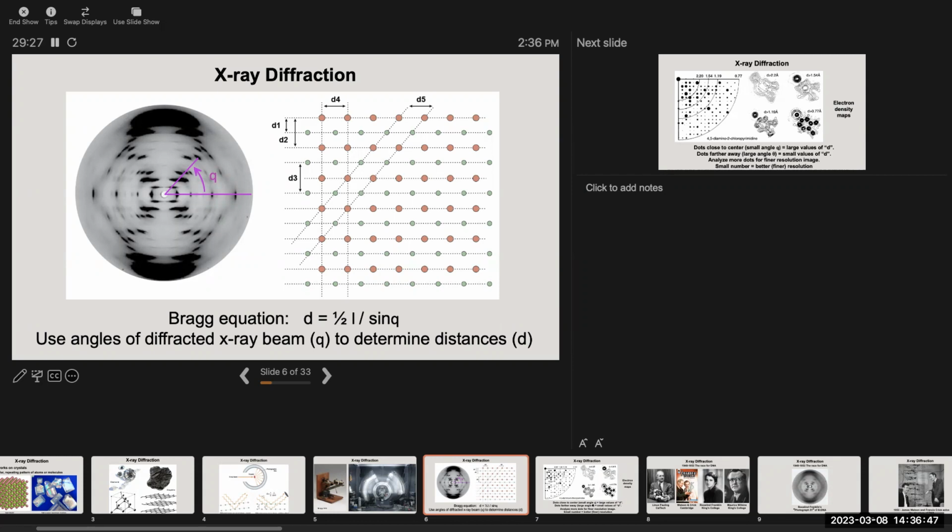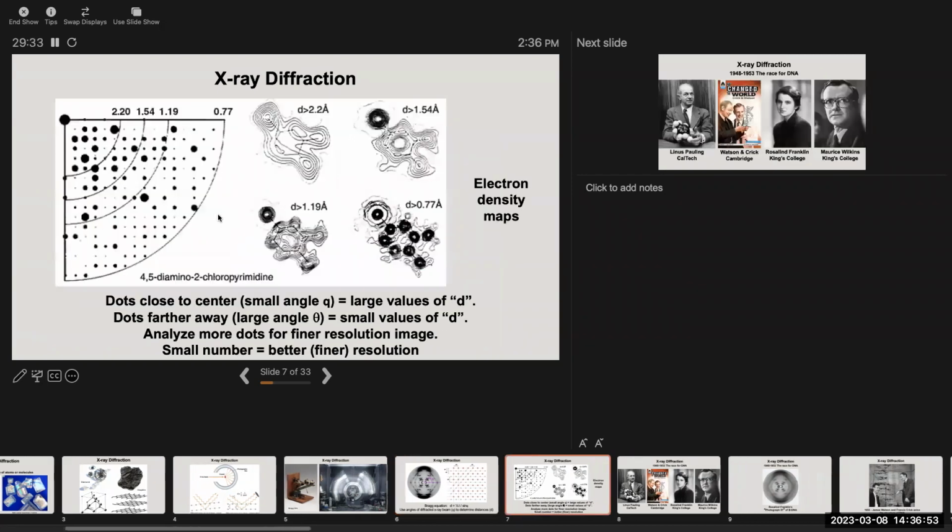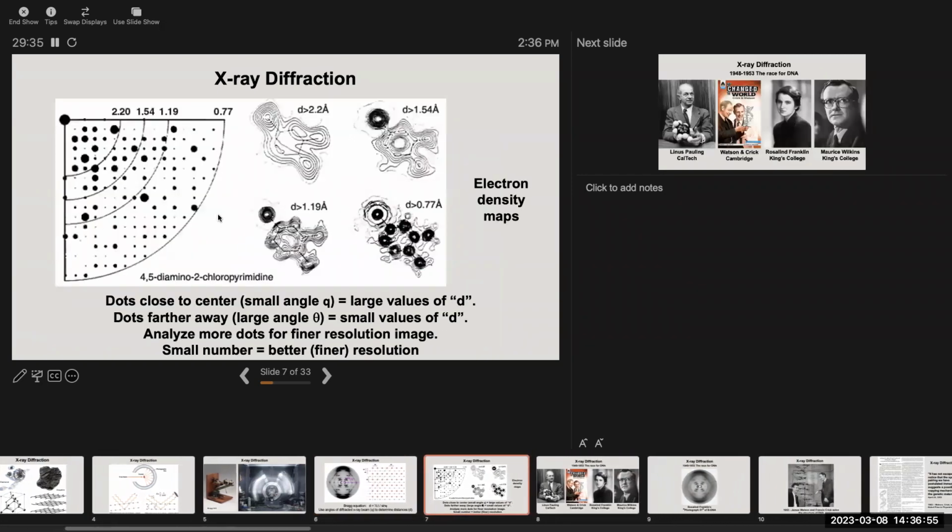Maybe I could wrap my head around it for something simple like sodium chloride, but when you get into a more complicated molecule, it becomes even more challenging to figure out, okay, how do we determine the actual 3D structure of the molecule from just knowing a whole bunch of D values, a whole bunch of spacing values?